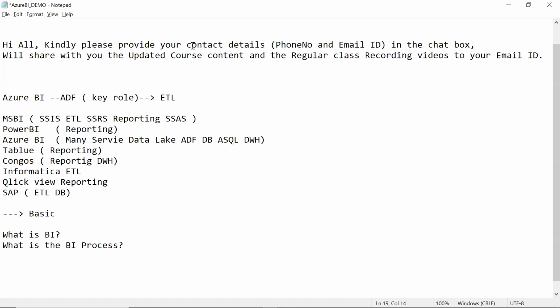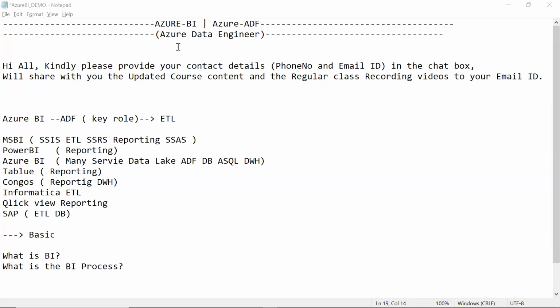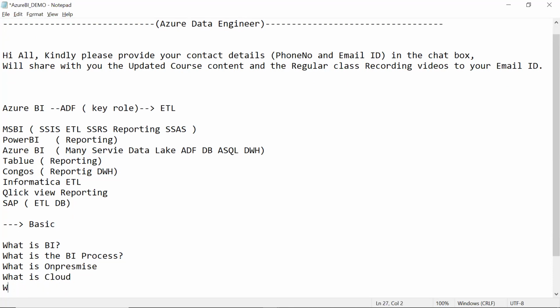Two things are very important in any tool, not only this data factory, not only our Azure BI, not only the data engineer: first understand the process of BI, then go with whatever course you have. What is on-premises? What is the cloud? Then we go to what the different cloud providers are.